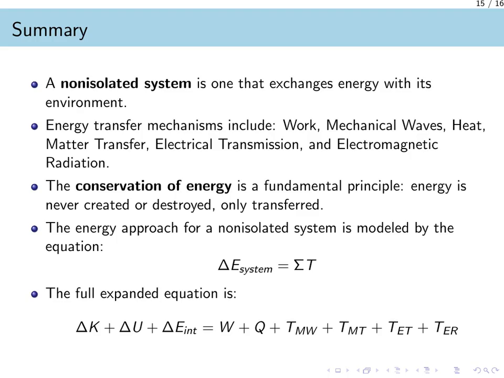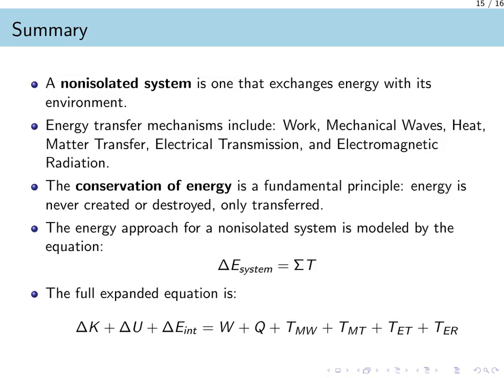This slide summarizes the key concepts from our discussion of the non-isolated system model. First, we defined a non-isolated system as any system that exchanges energy with its environment. Second, we identified the 6 mechanisms that allow this energy transfer to happen: work, mechanical waves, heat, matter transfer, electrical transmission, and electromagnetic radiation.